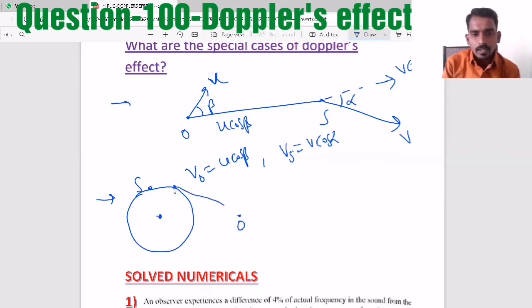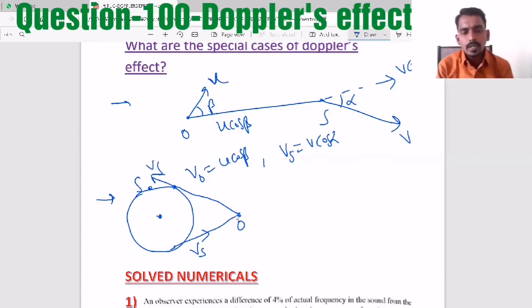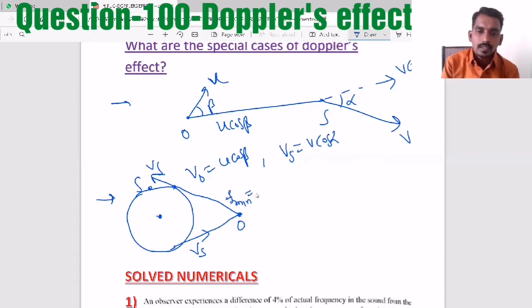Now, at one point the source looks like it is moving away, and at another point it looks like it is moving towards. So at one point he will hear the minimum frequency. In this case F minimum is F into V by V plus Vs, because the source is moving away.